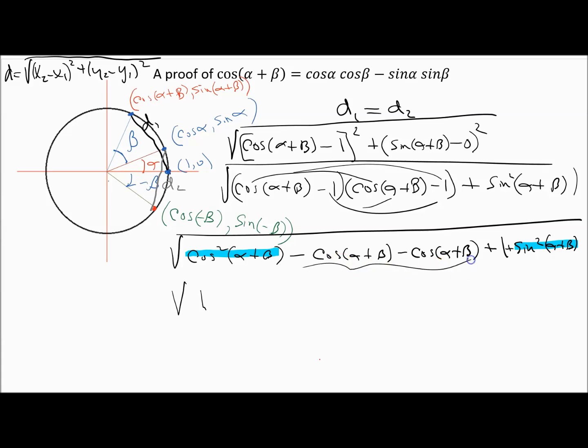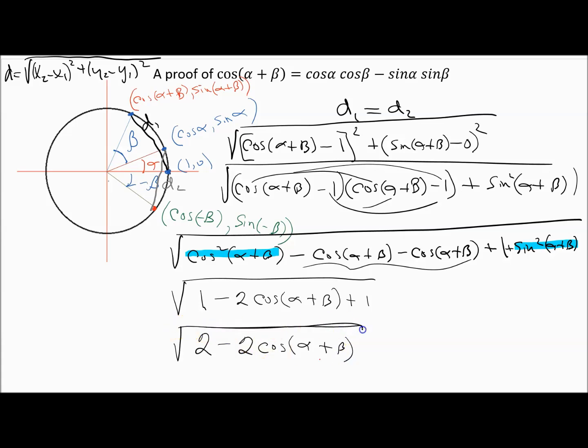Now, these guys are like terms, so minus 2 cosine of alpha plus beta plus 1, which simplifies to the square root of 1 plus 1 is 2 minus 2 cosine of alpha plus beta. Okay, that is D1.